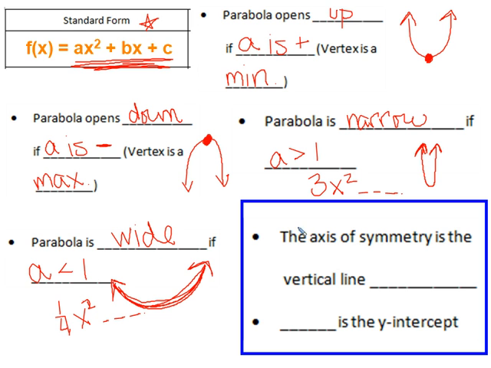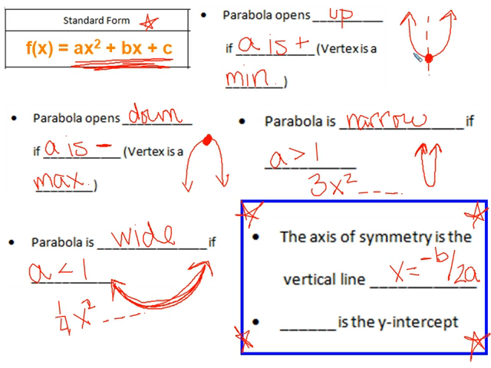All right, so I specifically put the last 2 in this little box because these are probably the most important 2 that we're actually going to need today. The axis of symmetry, remember that's the dotted line that goes right through the vertex, is the vertical line x equals the opposite of b over 2a.